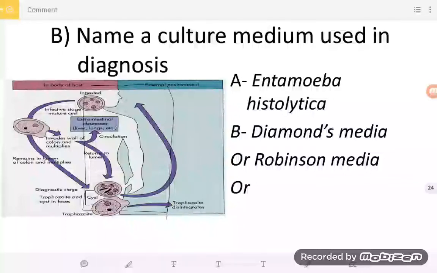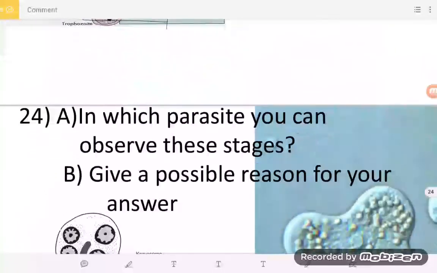Here we can use culture media, Diamond media, Robinson media.